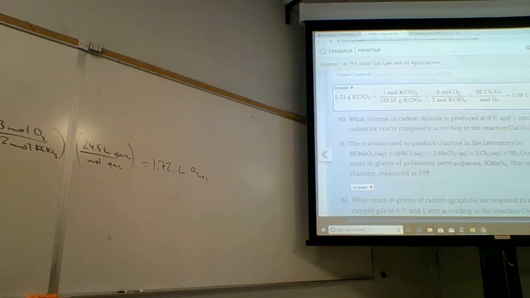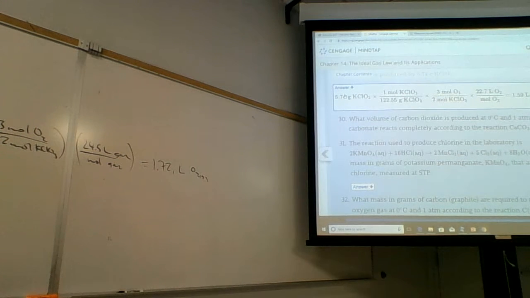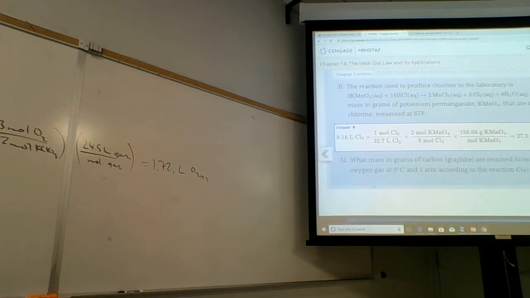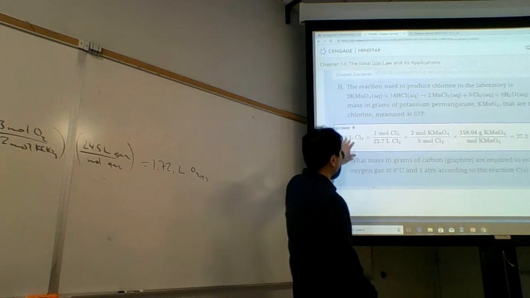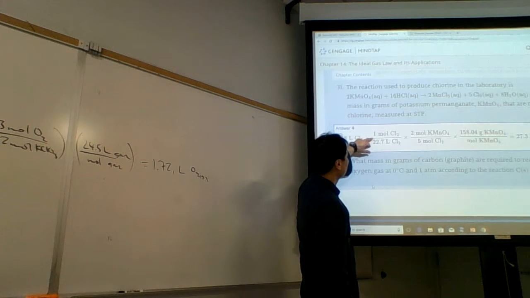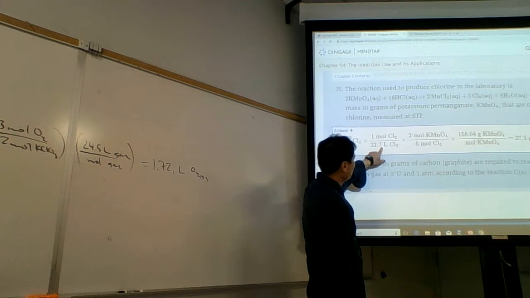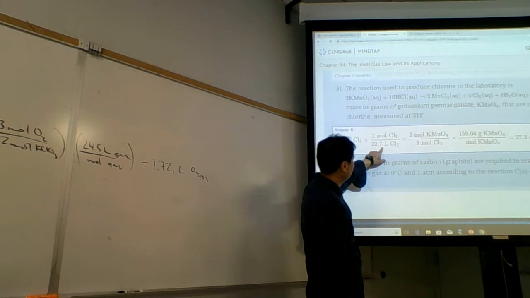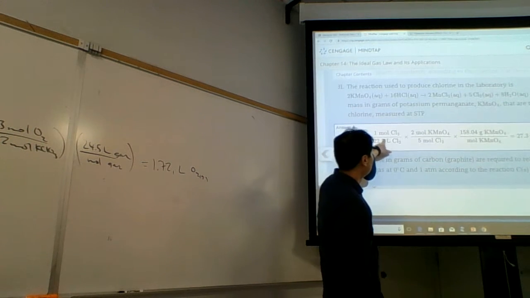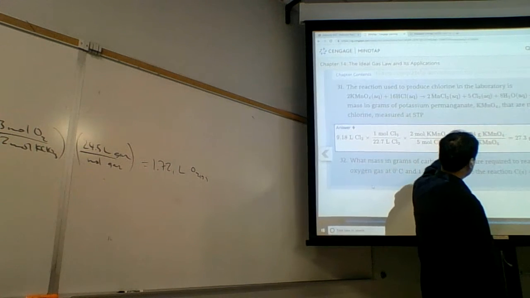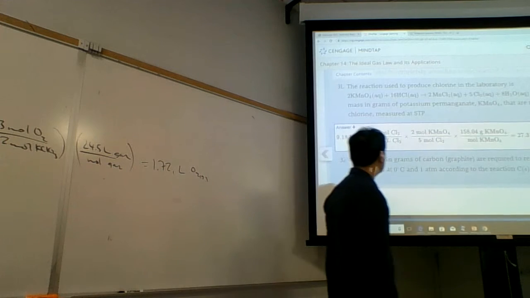We could use the ideal gas equation, or we can calculate the molar volume. In this case, they know the molar volume, so they go from liters of chlorine to moles of chlorine using the memorized molar volume at 1 bar and 0 degrees C, 22.7 liters per mole. Then moles of chlorine to moles of KMnO4, and moles of KMnO4 to grams of KMnO4.